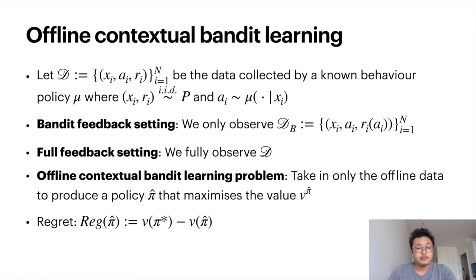In the offline bandit feedback setting, we only observe the reward at the chosen action A_i. So the offline learning problem takes only the offline data to produce a policy pi hat that maximizes the value V pi.